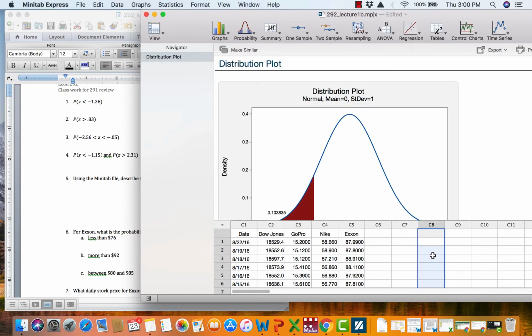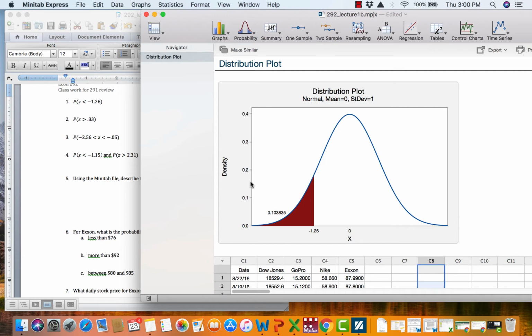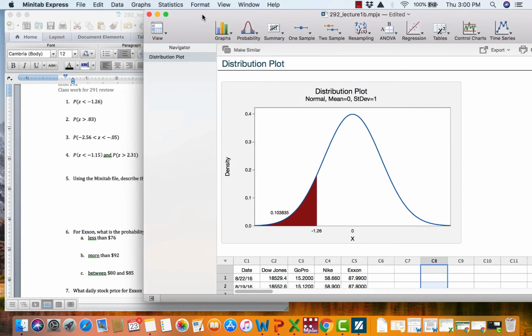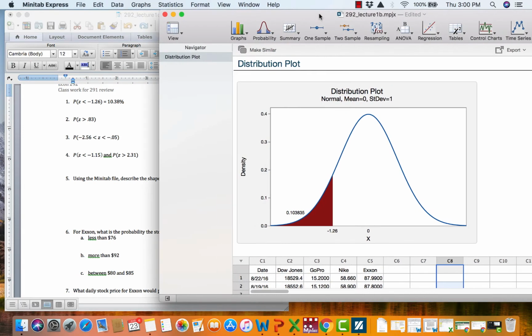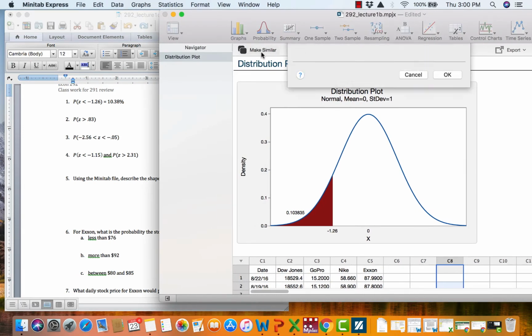All right, our probability answer is this decimal, which we are going to write as a percent rounded to the 100th. And so our answer is 10.38%. All right, let's do the same for the probability that z is greater than 0.83. So we go into make similar.